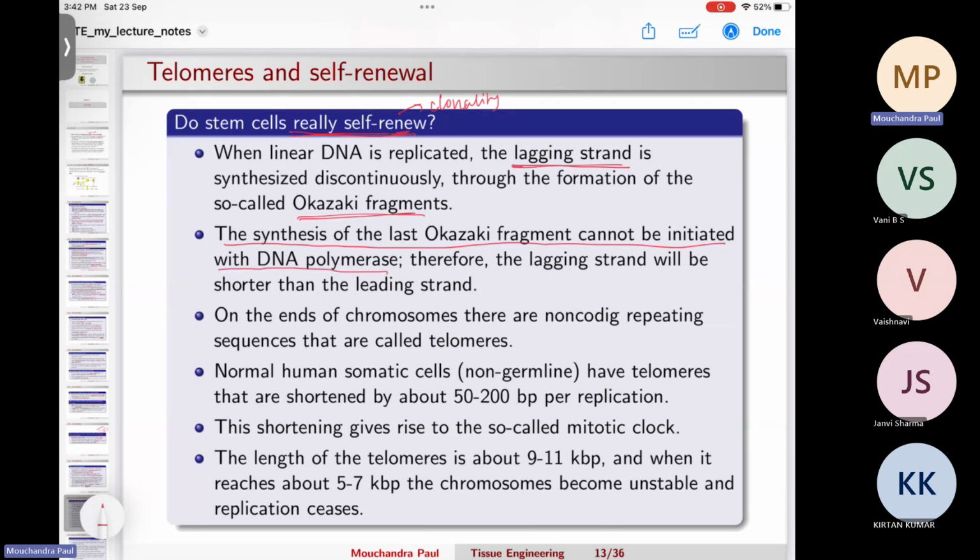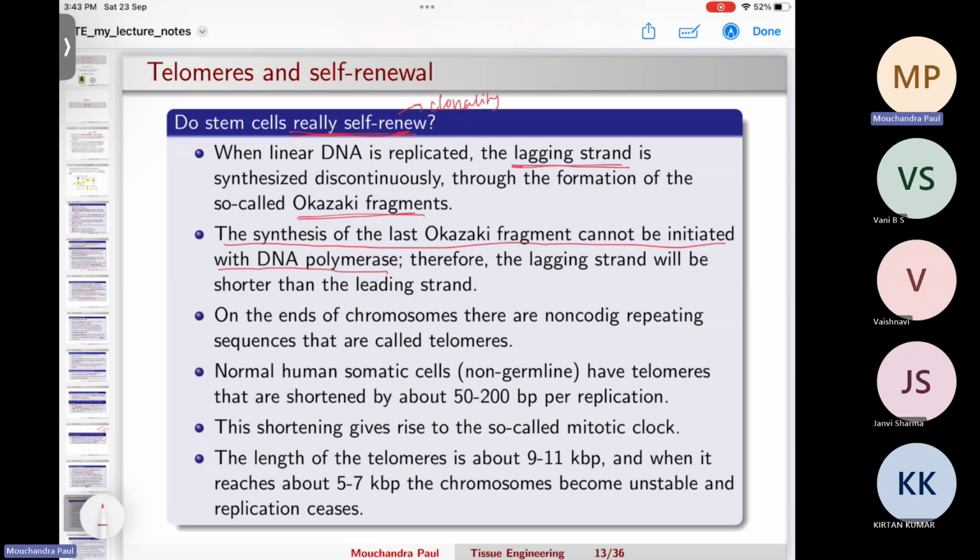Means when the Okazaki fragment is formed from the 5' to 3' end, and the complete template is being read in the opposite direction, the last few base pairs of the template are not exactly copied to the lagging strand because the DNA polymerase cannot act there. It is maybe because a suitable RNA primer cannot be formed, which is why the DNA polymerase cannot act and cannot form the last Okazaki fragment.